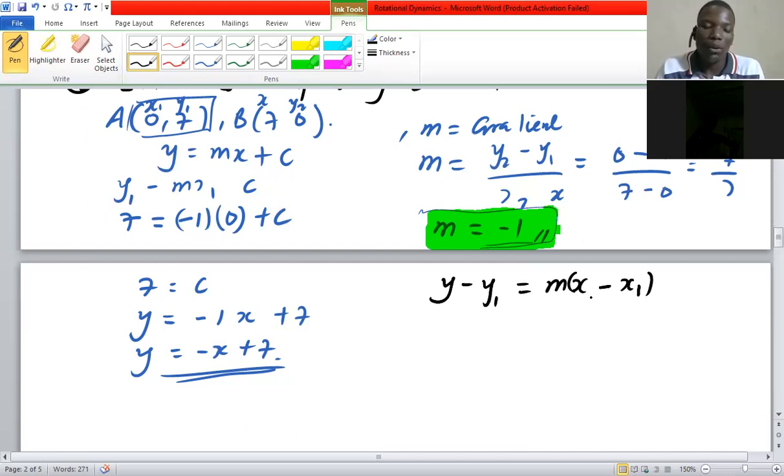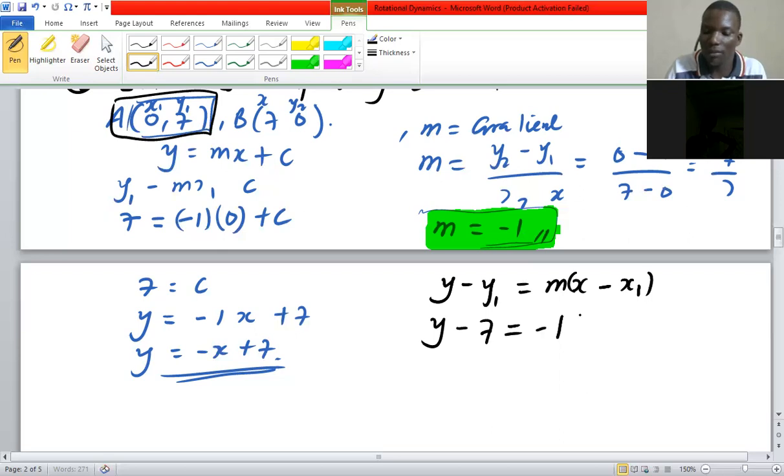You get the coordinates of the point. In this case, y minus y1, which is 7, is equal to the gradient we found, negative 1, times x minus x1.